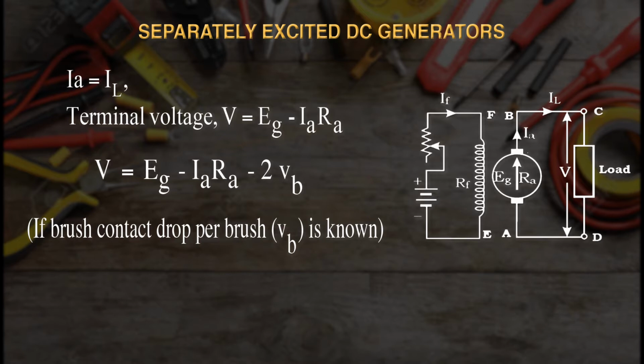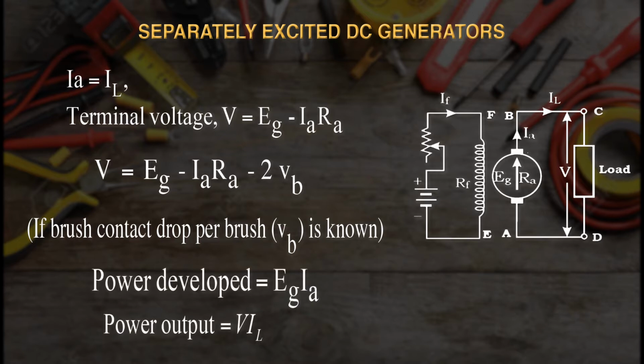If you want to calculate the power developed by this separately excited DC generator, then the power developed can be written as EG into IA, where EG is the generated voltage and IA is the armature current. Now if you want to calculate the power output, power output means power across the load.